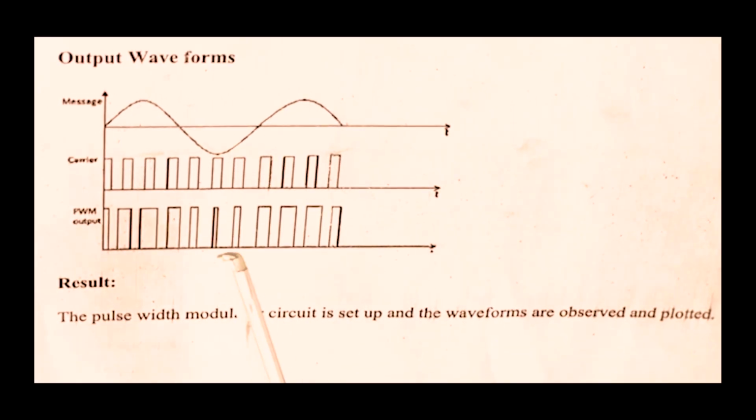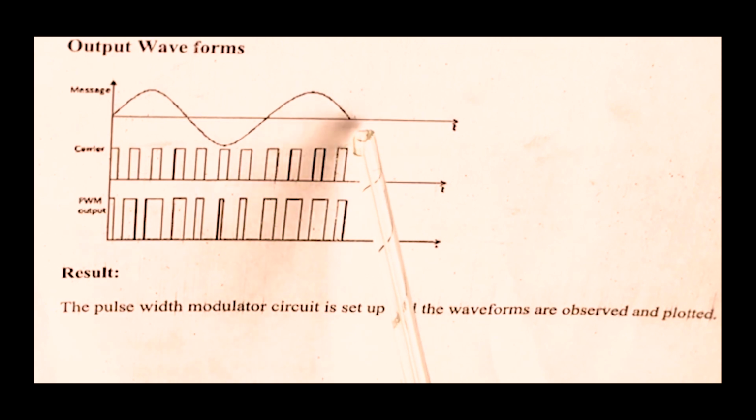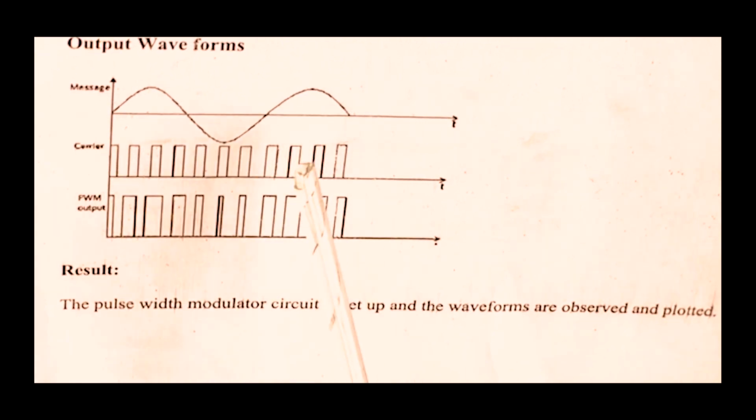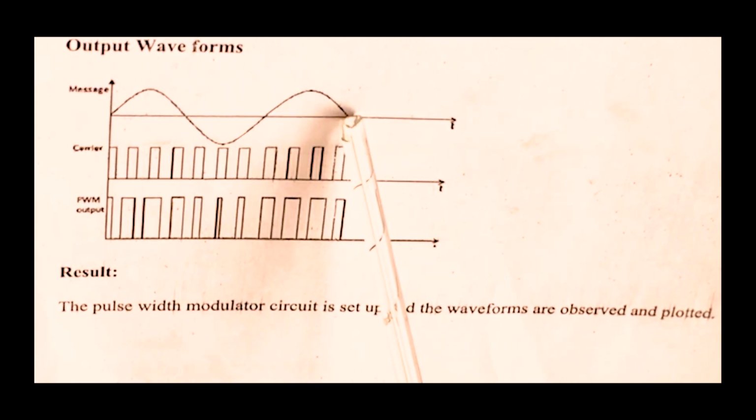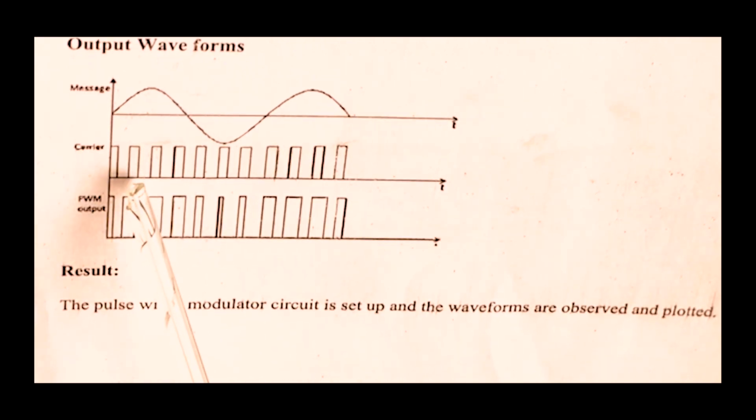The expected output waveforms are as shown. Now this is the signal that we are using at pin number 5. Without applying signal to pin number 5, the output of the IC will be like this.